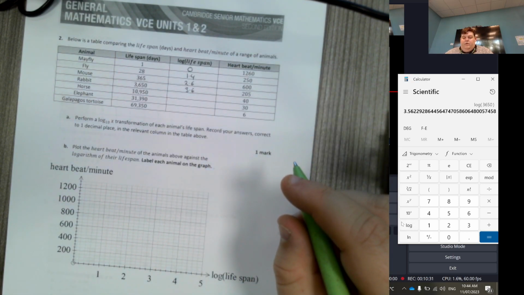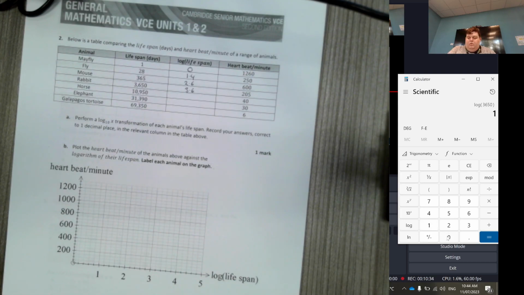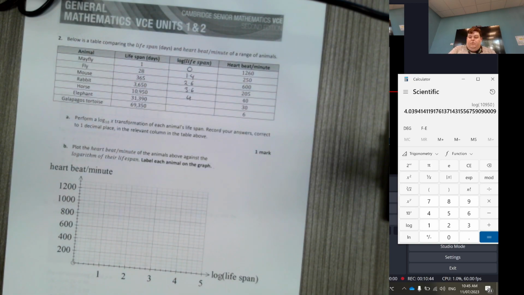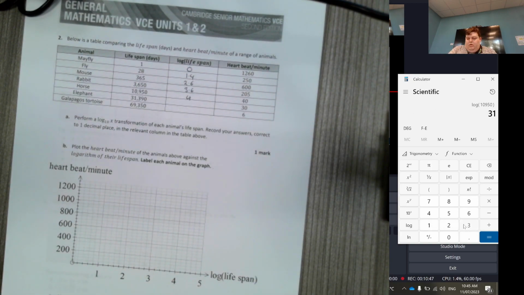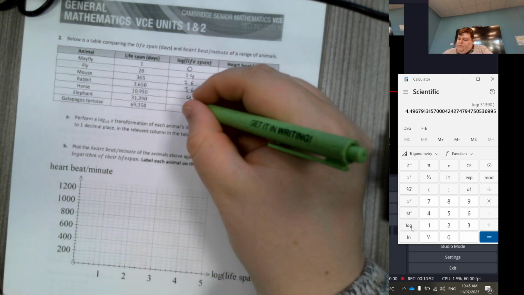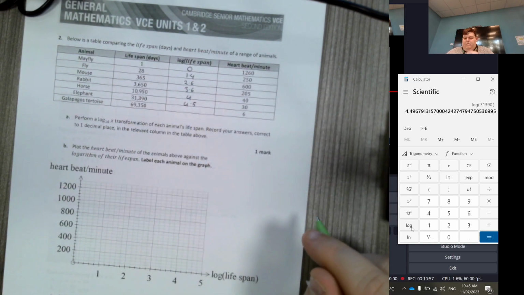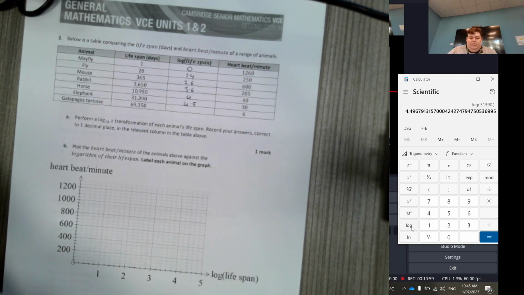Then 10950 will give you 4. The bell just went. 31390 will give me 4.5. And the last one, 69350 log is 4.8.